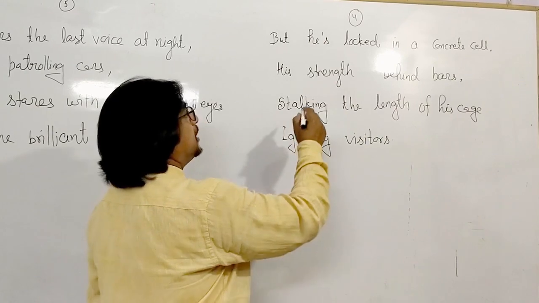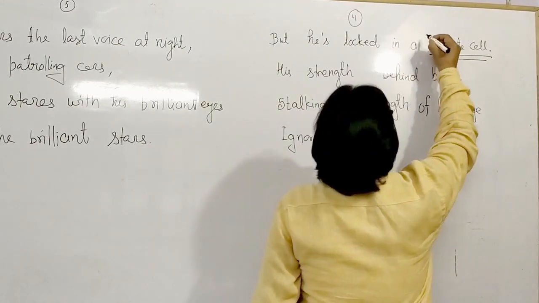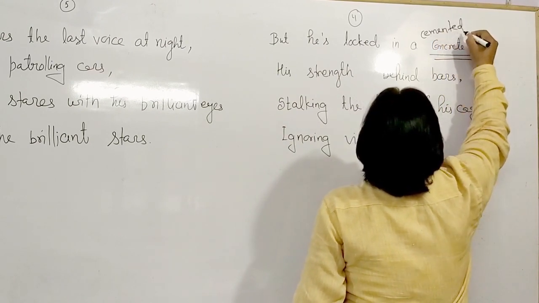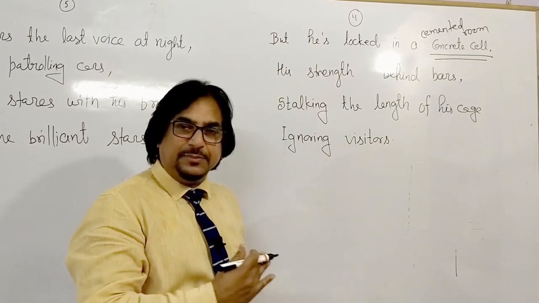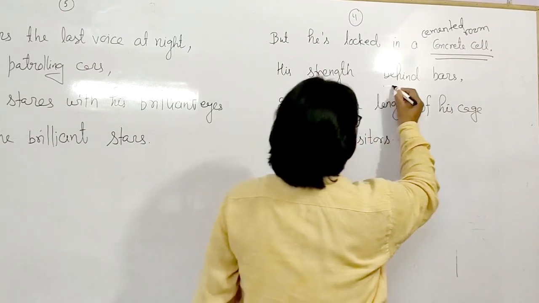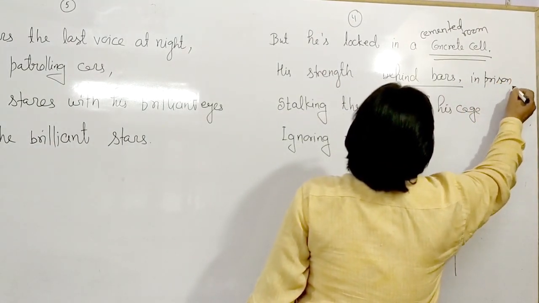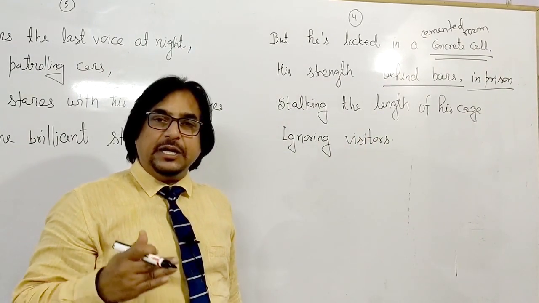Here, a concrete cell means a cemented place, a cemented room, a confined place, we can say that. Behind bars, that means in a prison, where prisoners live.